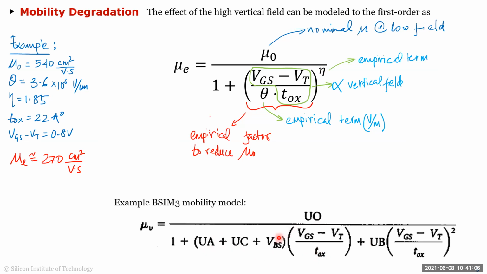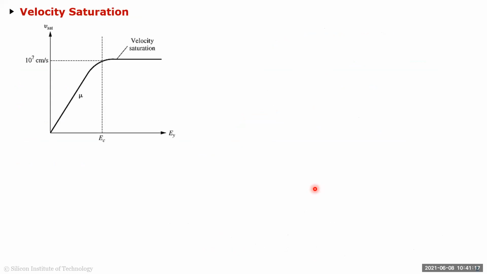So it's a lot more complicated version of that, where they do all that fitting and they get parameters for mu A, mu C, mu B, and so on. Okay, so that's the vertical field part of it.